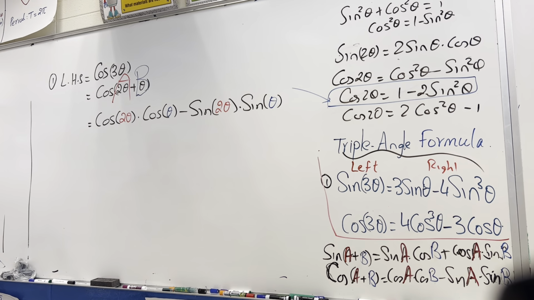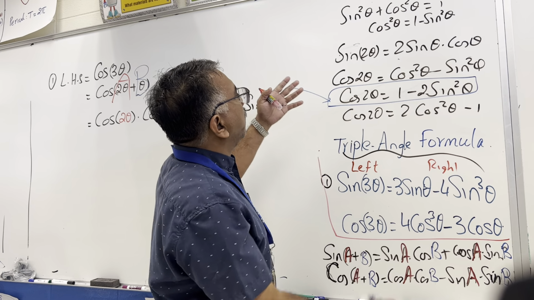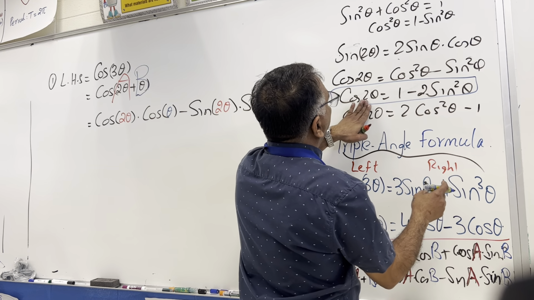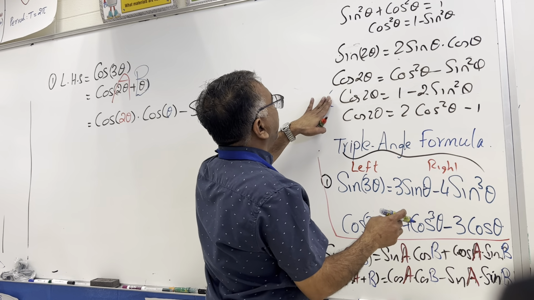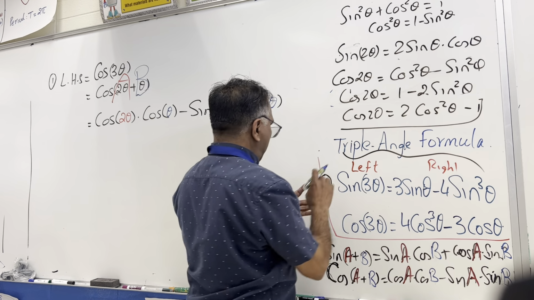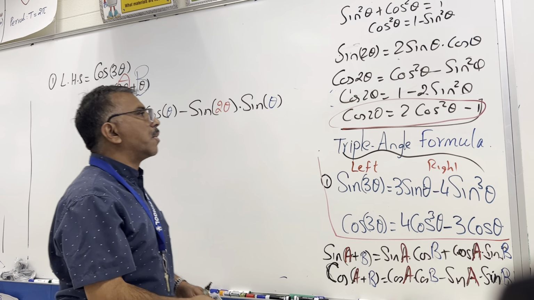This time we need the final answer in terms of cosine. See, there's a cos here. So which among these will help? Will this help? This one had a sine square, but we have to look for the one that has cosine. So this could be used. This is a better choice, 2 cosine square theta minus 1.